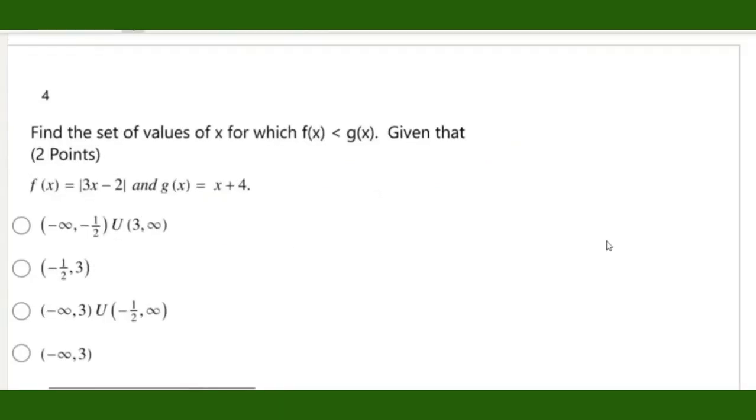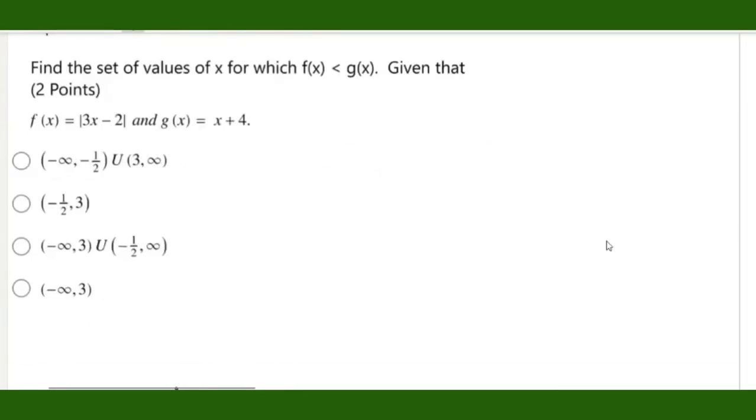So continue discussing number 4 now. Find the set of values of x for which f of x is less than g of x. So our f of x function is modulus of 3x minus 2, which should be less than our g of x, that is x plus 4.